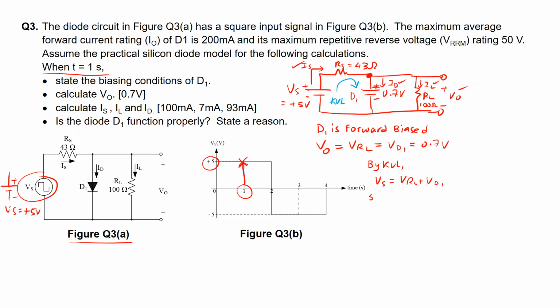Now Vs, we have already known, is equal to 5 volts. The Vrs here is actually Is times Rs, and Vd1 is actually 0.7 volts. So through here, we can rearrange again to find out what is Is. Is is simply 5 minus 0.7 volts divided by the value of Rs. In this case, Rs is 43 ohms, and hence we get a value of Is equal to 100 milliamps.